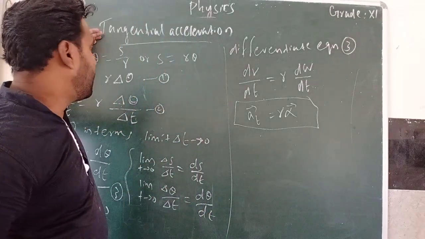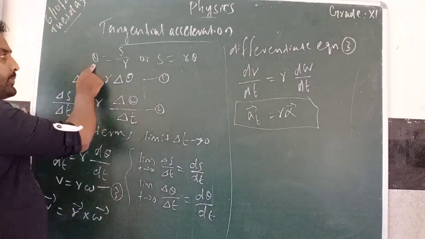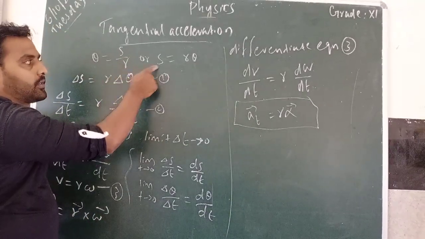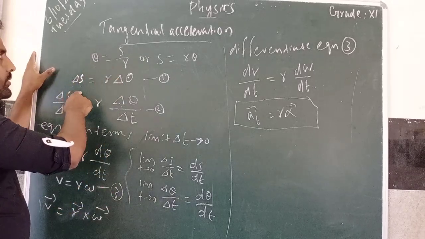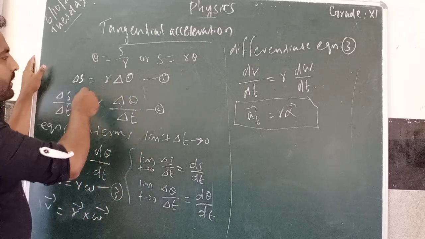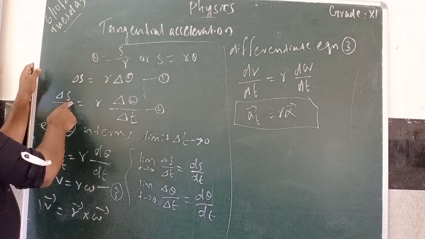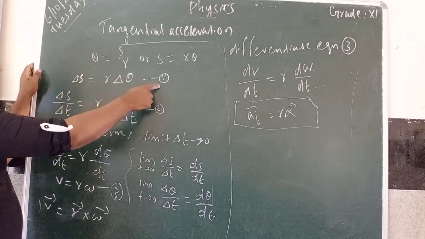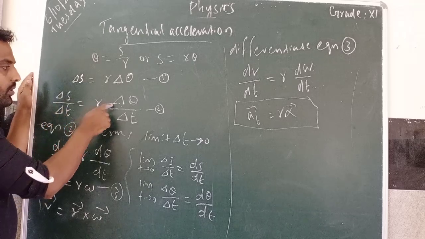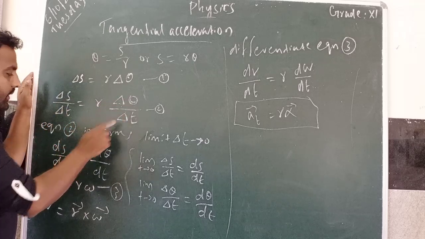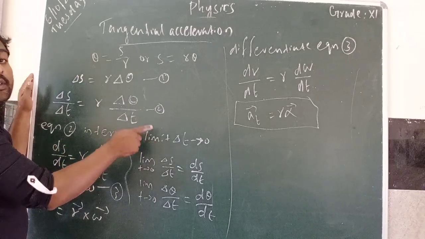Understand? So listen here. First our basic equation: angular displacement is equal to S by R, so S is equal to R theta. Now we are writing in terms of our diagram. Then delta S is equal to R delta theta. This same equation 1 you have to write with respect to time: delta S by delta T is equal to R into delta theta by delta T. Then equation 2 you write with a limit.